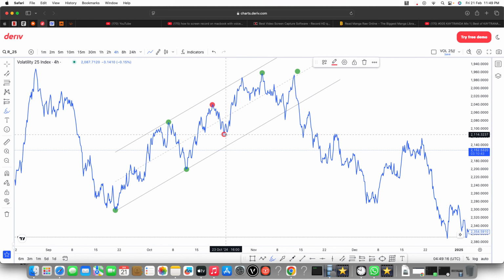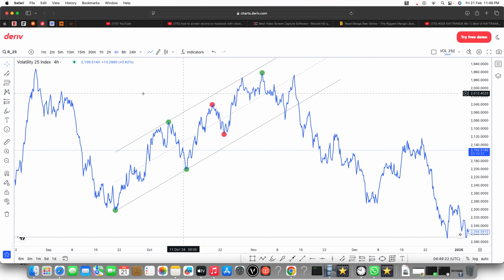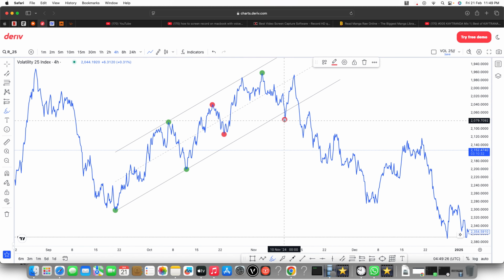and this low put in this external high, and this external high put in this external low. Right? Let's change the color to green.